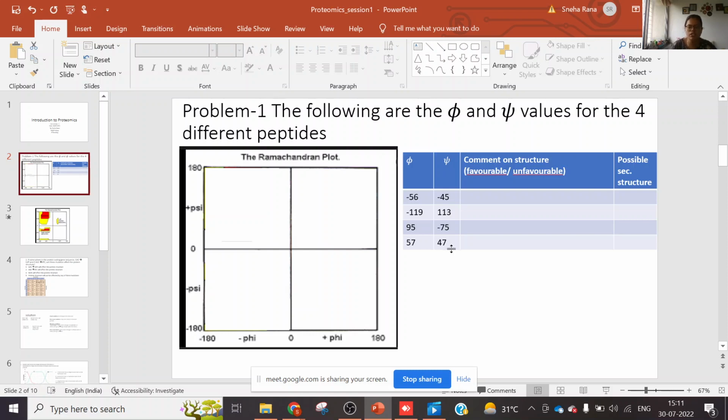I have given you four different sets of phi and psi values for different peptides, let's say peptides A, B, C, D. You can write in the text box, or unmute yourself and tell which kind of structure it will adopt, and whether a secondary structure is possible or not.